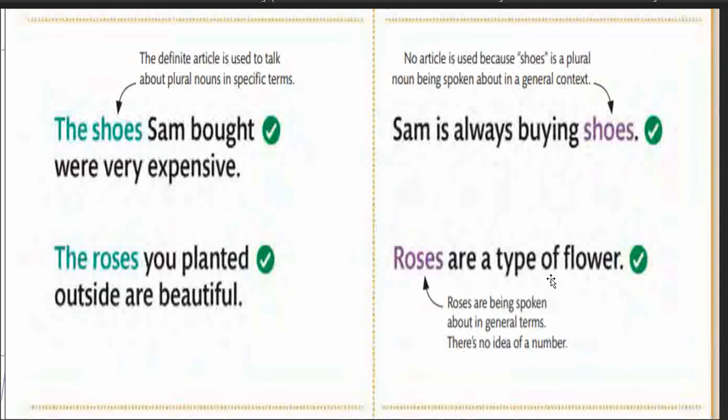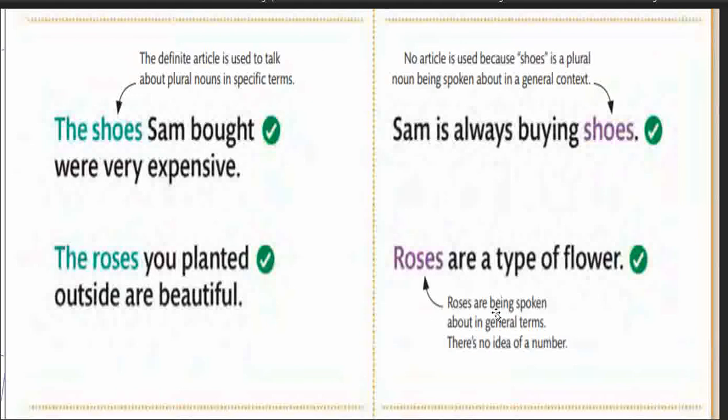Roses are a type of flower. Roses, plural. We don't say the roses. We are not talking about only one specific variety or species or genus of roses. We are not talking about anything specific. We are talking in general. Roses are a type of flower. So it is correct.